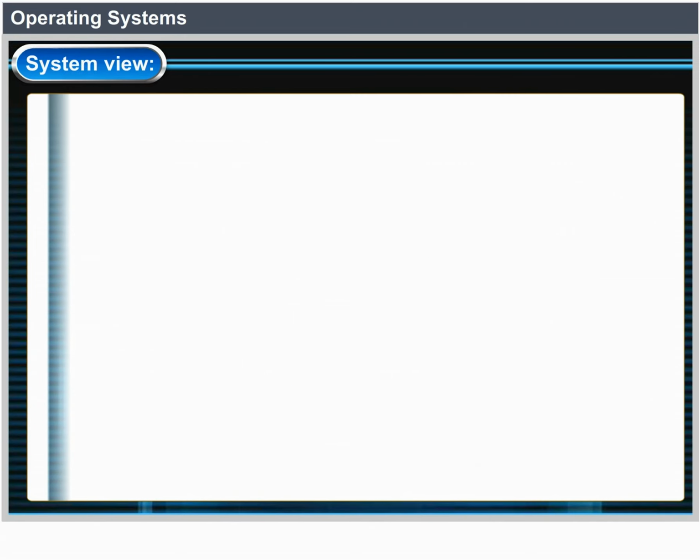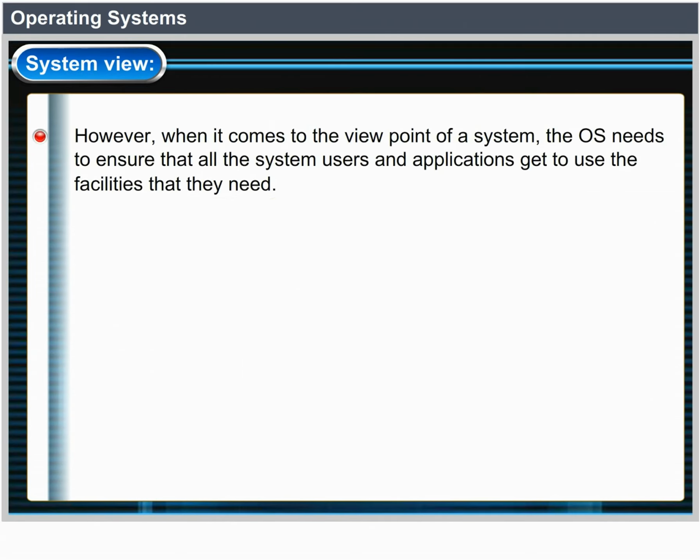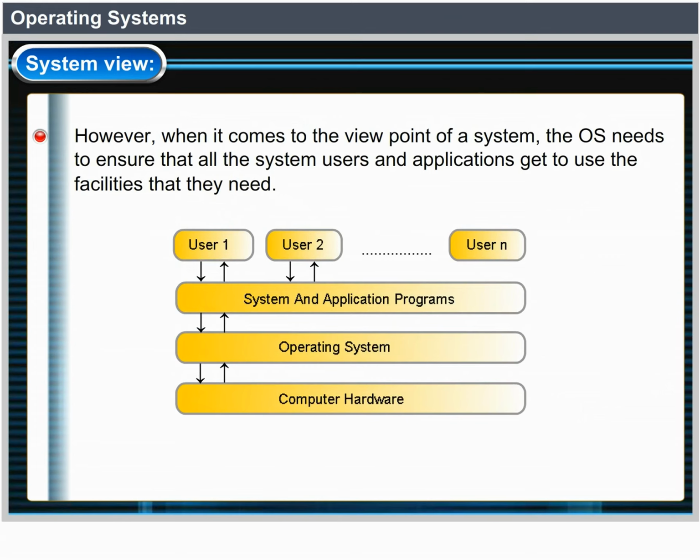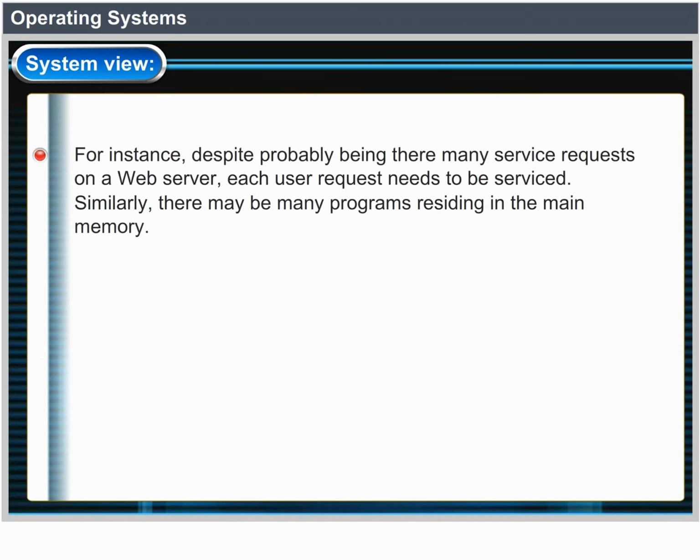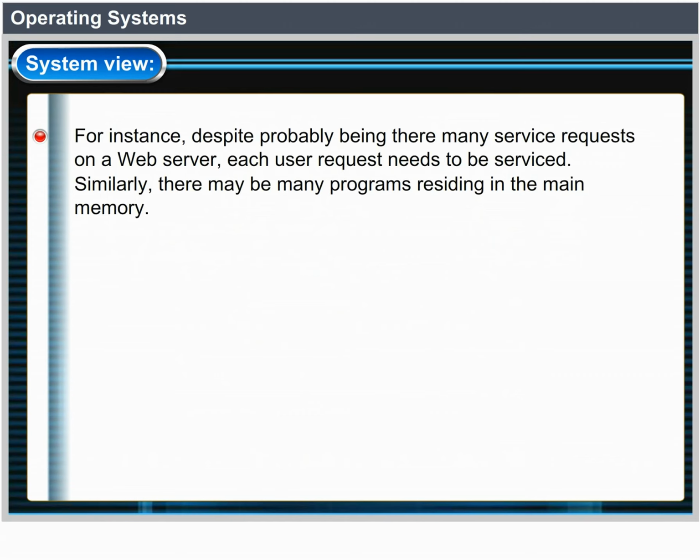System view. However, when it comes to the viewpoint of a system, the OS needs to ensure that all the system users and applications get to use the facilities that they need. OS needs to ensure that system resources are utilized efficiently. For instance, there may be many service requests on a web server.